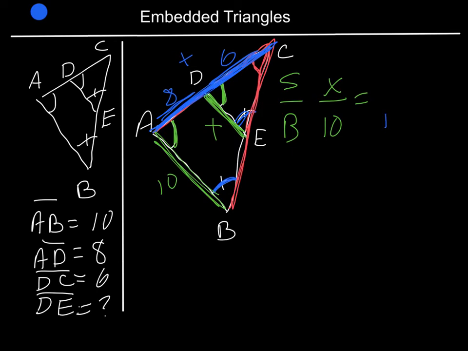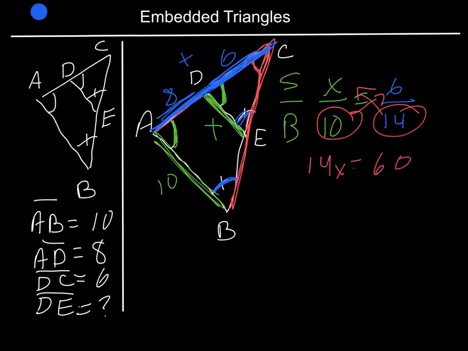So that's going to go on the bottom, 14 over, and then the small side that corresponds with that one is right there. So that's my small side. Okay, so then I can put the 6 on top like that, and then I have my proportion set up. I can cross multiply, so I get 14x is equal to 60.